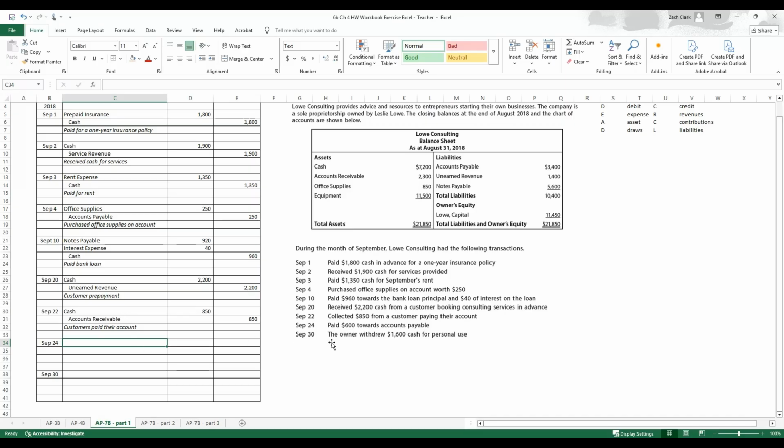All right, September 24th, we paid $600 towards accounts payable. So remember, accounts payable is a liability. It increases with a credit, thereby it decreases with a debit. And we paid the cash, that's an asset, the credit is a decrease, $600.